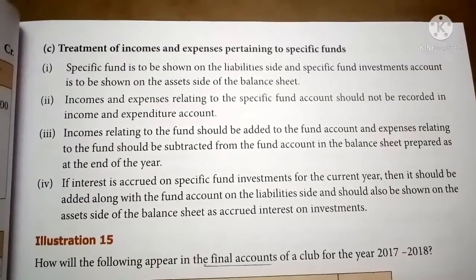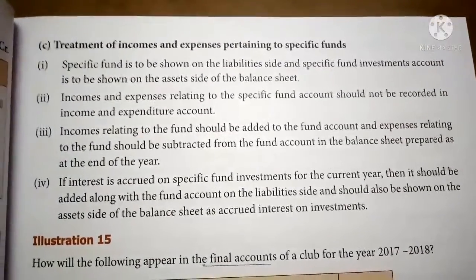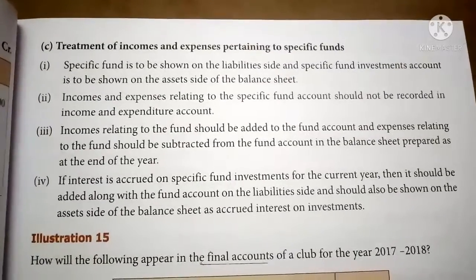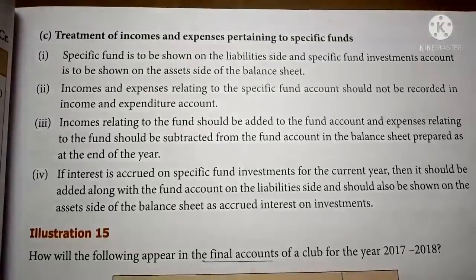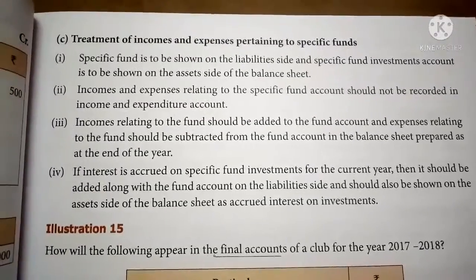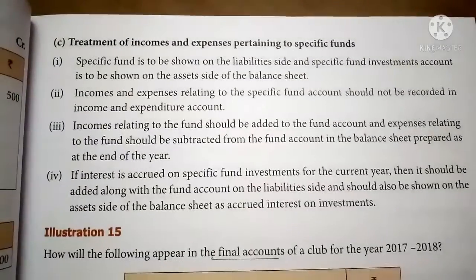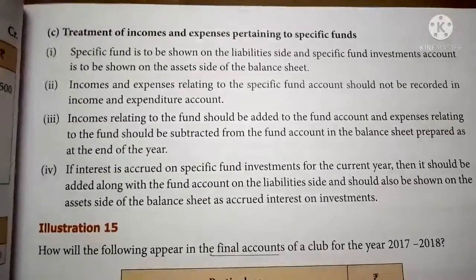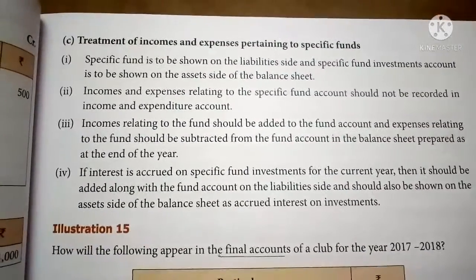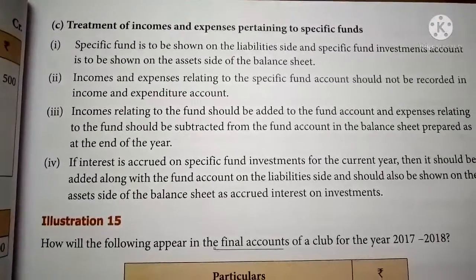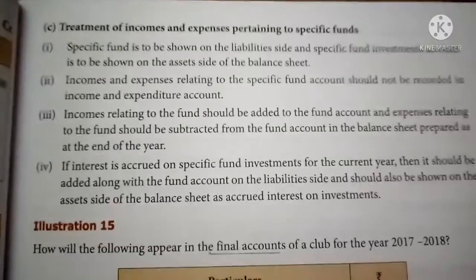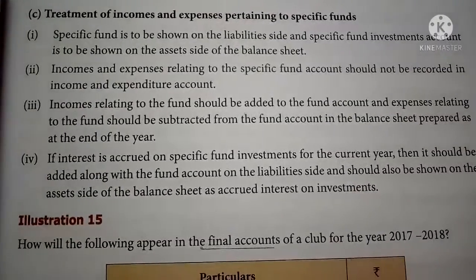Income and expense relating to specific fund should not be recorded in the income and expenditure account. That should be taken to the balance sheet. Income related to the fund should be added to the fund account, that is, on the liability side of the balance sheet, and the expense related to the fund should be deducted from the fund account on the balance sheet liability side.